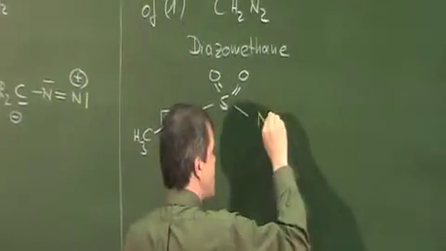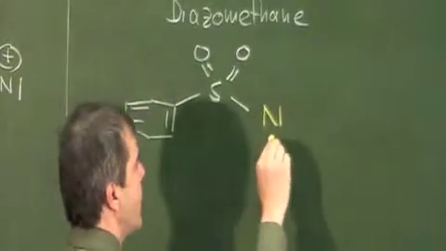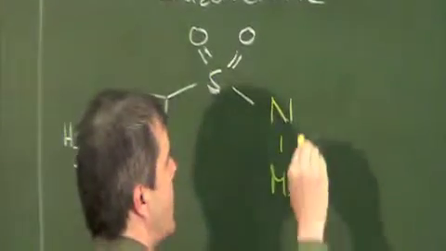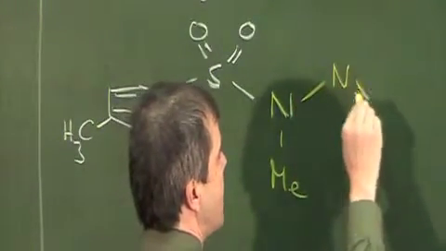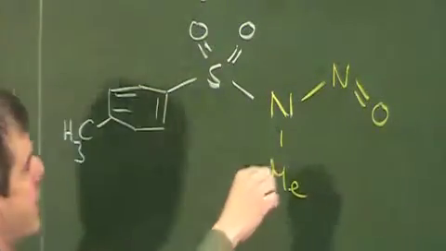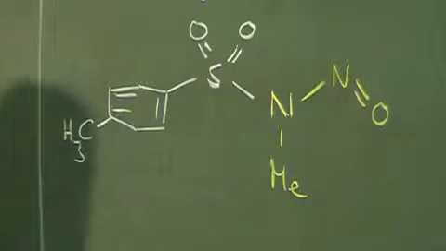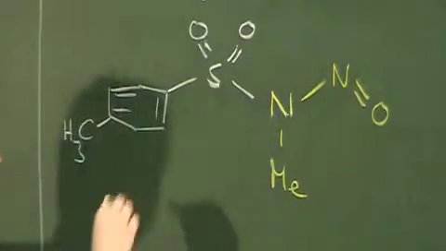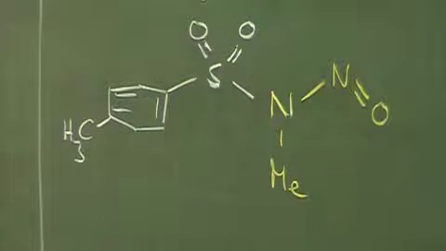And the common structural feature all these commercially available compounds have is that they are N-methyl, that they have this N-methyl nitroso unit in there, and then typically a reasonable leaving group.